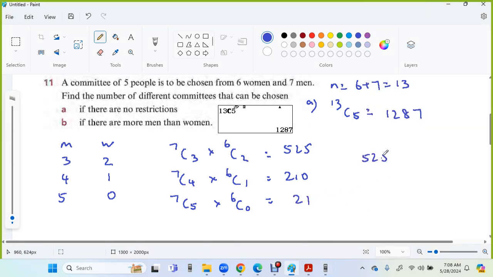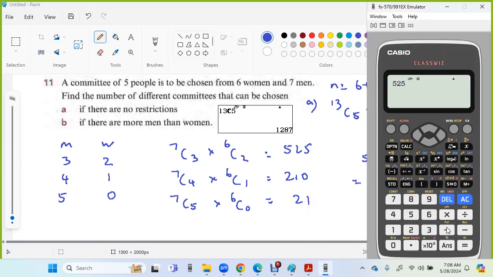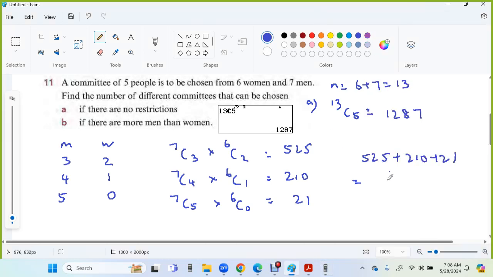So we have the 525 plus 210 plus 21. Then it's 756. Okay.